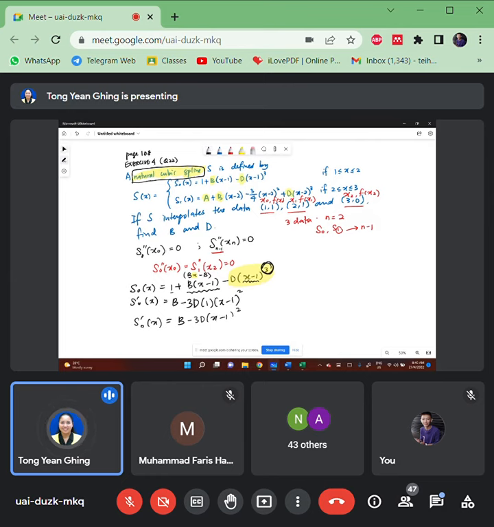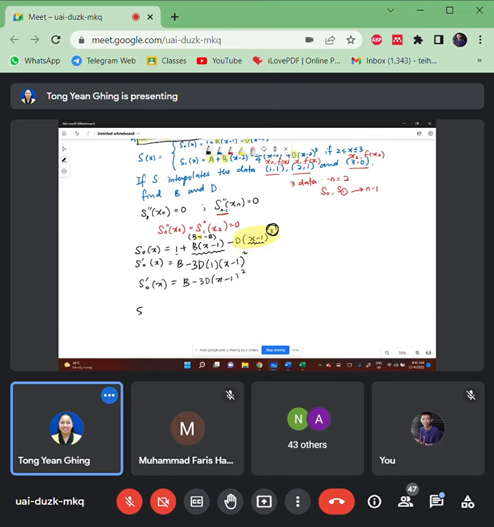Okay, now second derivative pula. So, sini B dah tak ada x, so we no need to do. So now we just consider this one because this one got x, right? So like I mentioned just now, negative 3D, and then we have to multiply with 2 and multiply with 1 inside here, okay? x minus 1, and yang ni kuasa 2, now it's become 1.